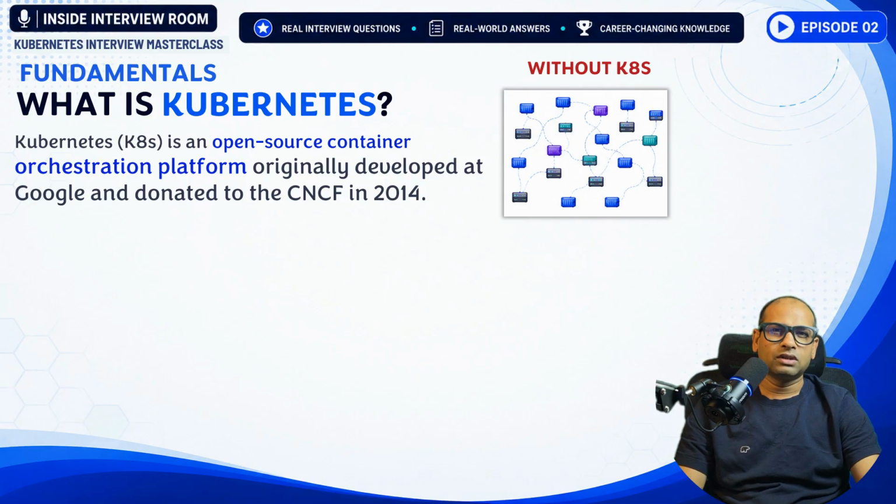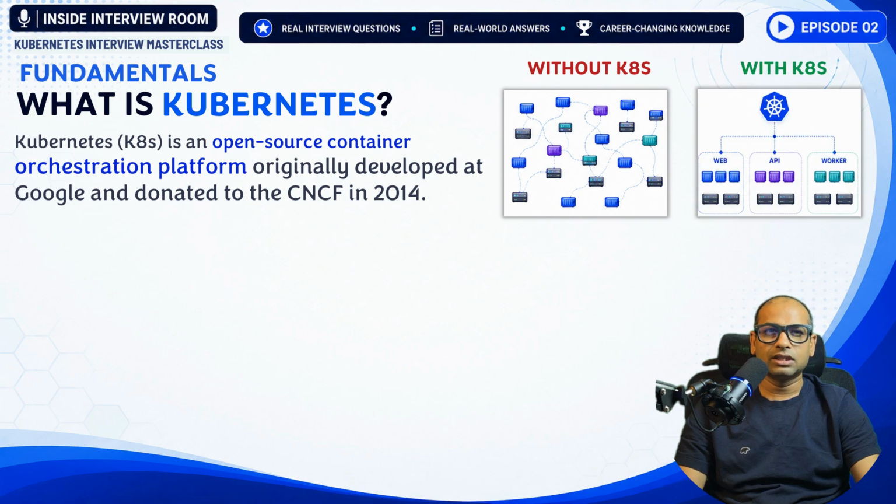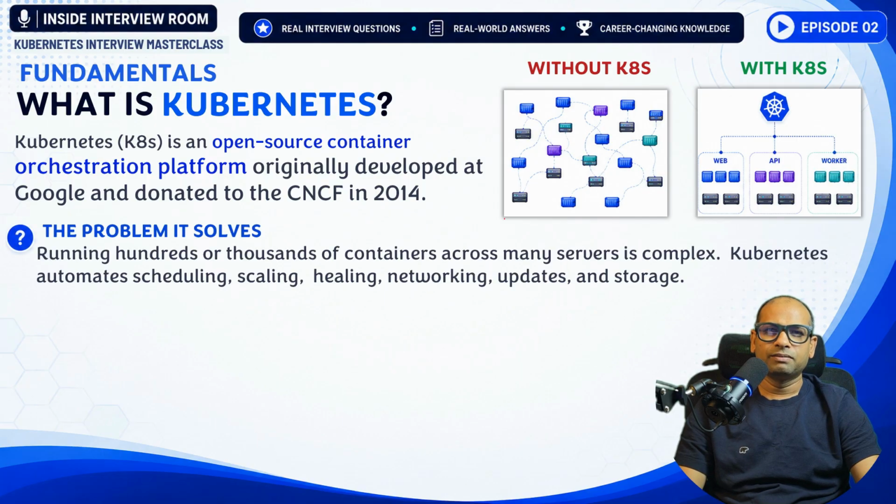Now, the honest question a fresher always wants to ask but doesn't: why do we need this thing? So, let me make it concrete. Look at two pictures on screen. One on the left side, without Kubernetes, you have got containers scattered across a bunch of servers, wired together by hand.